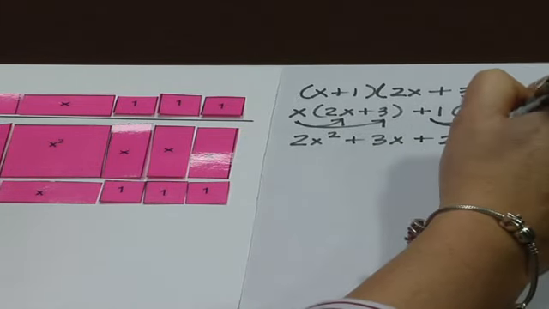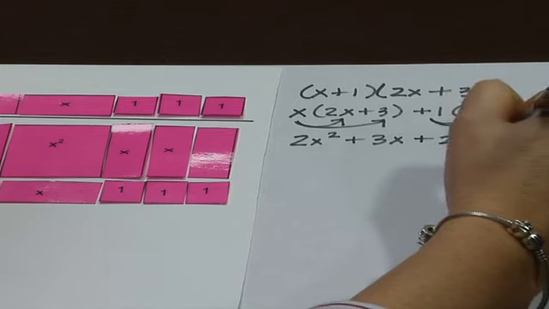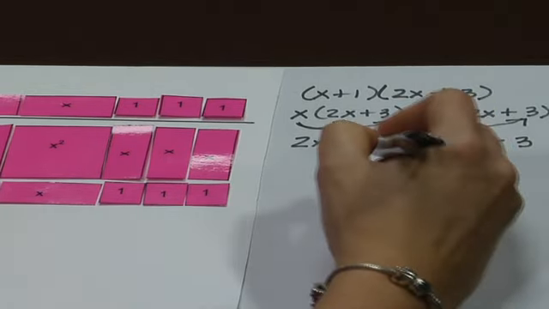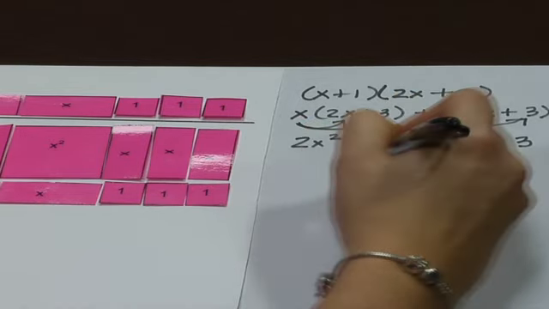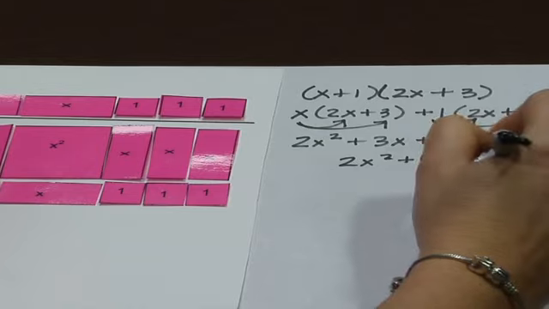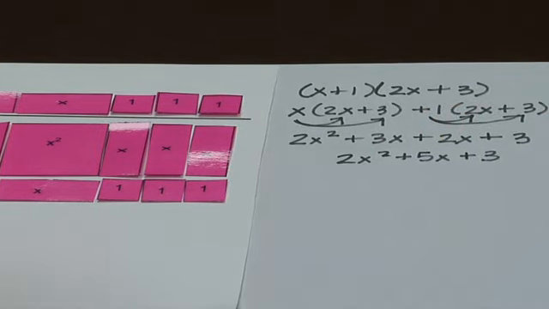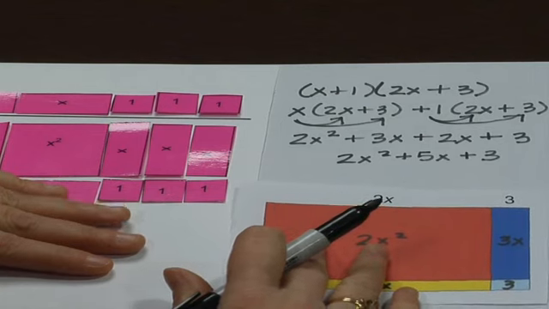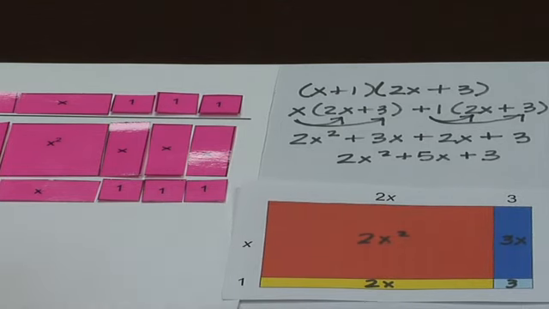And finally, 1 times 3, giving us the 3 ones we see at the end. The product of these two binomials is 2x squared plus 5x plus 3. And again, we can transfer this to a more abstract model like the one pictured below.